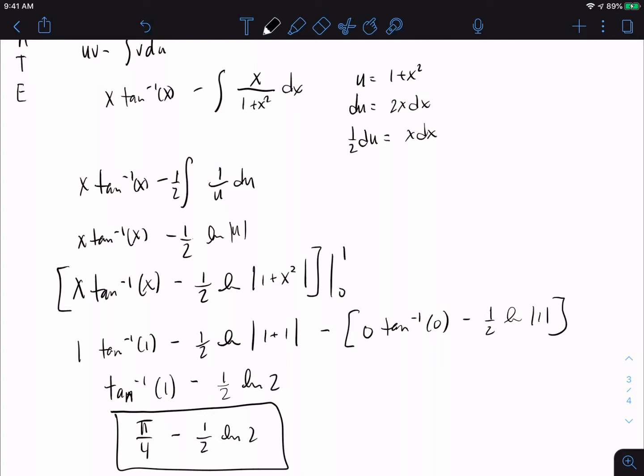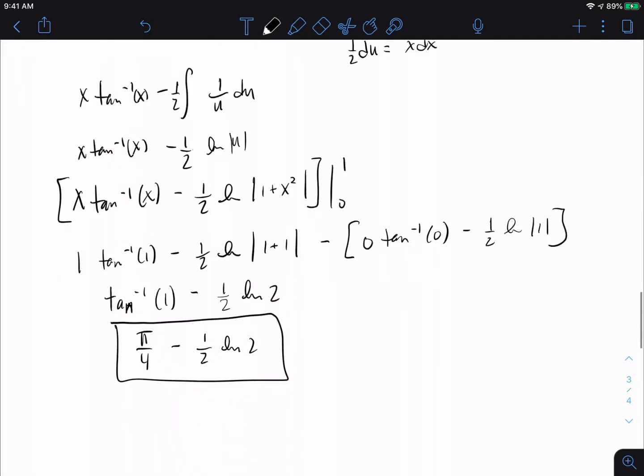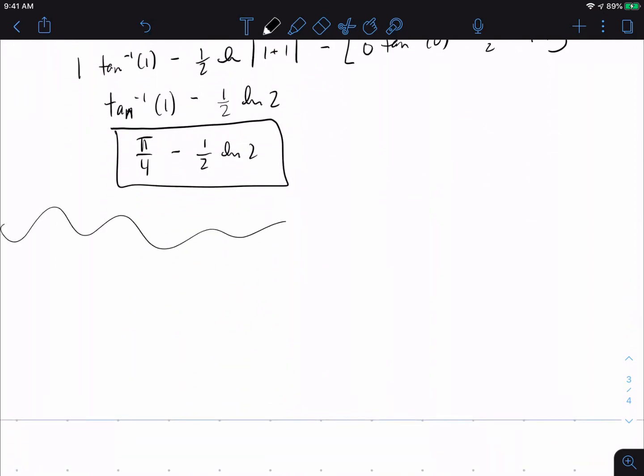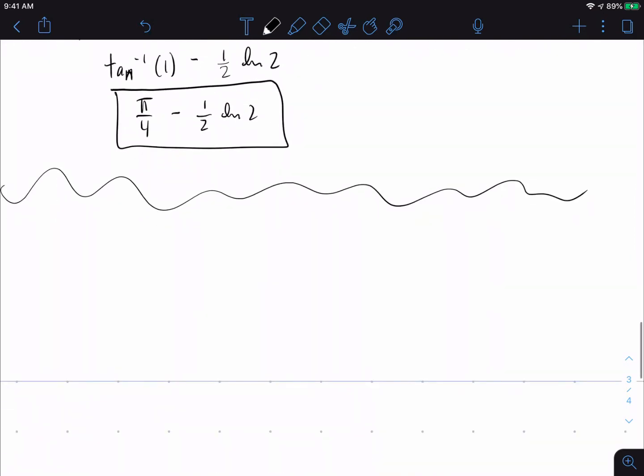So here are some problems that you should be able to do relatively easily. I'm going to put them up, and then you guys should be able to do them, and then we can discuss them. This is a review for the exam.